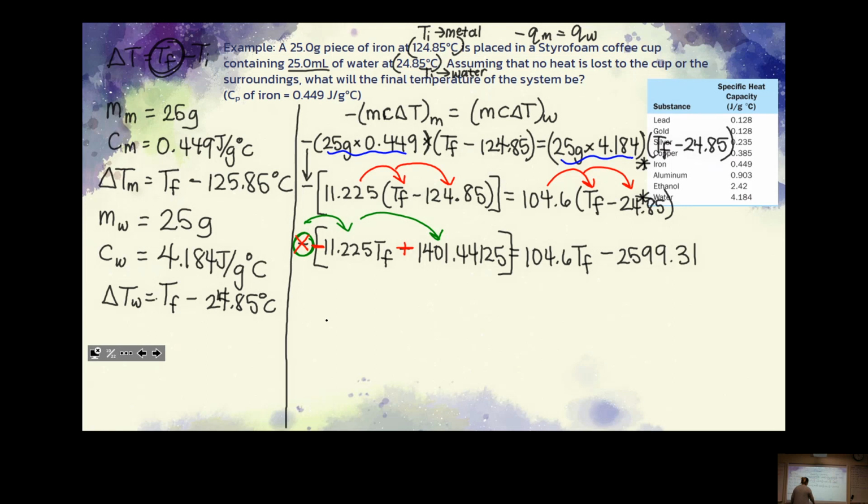So I'm going to go ahead and move this guy over. Right, so I'm going to add it to this side so that it'll cancel out here. Okay, and if you guys want to, you can do both sides of this all at the same time. That's kind of you and your skills.